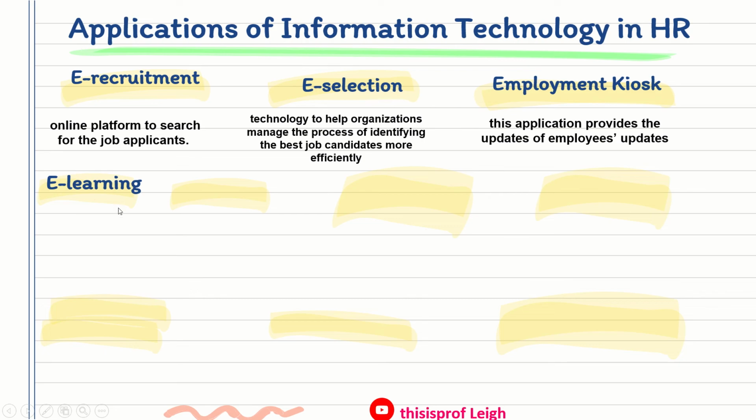Another is the e-learning or the electronic learning. This refers to the delivery of training and development through electronic methods. I believe hindi na ito bago sa inyo, or hindi na ito kakaiba sa inyo, because now what we are actually using is part of the electronic learning.